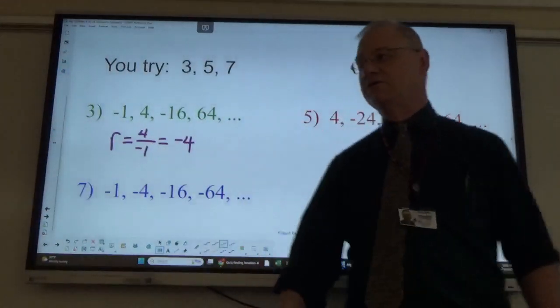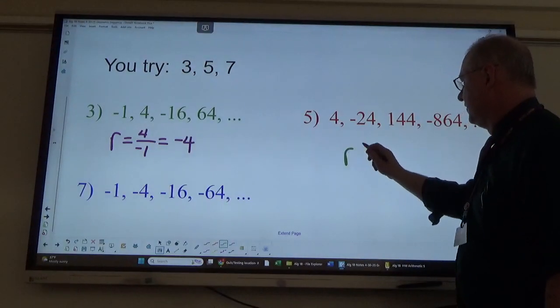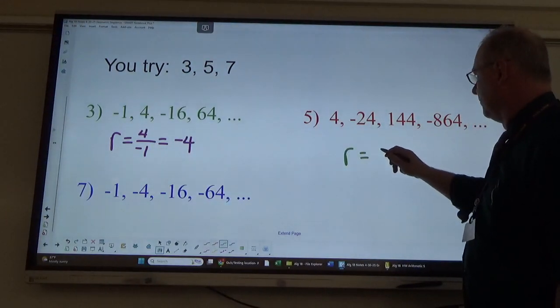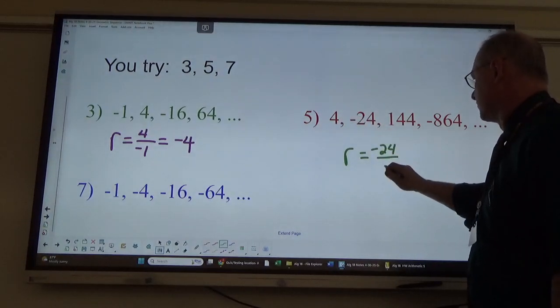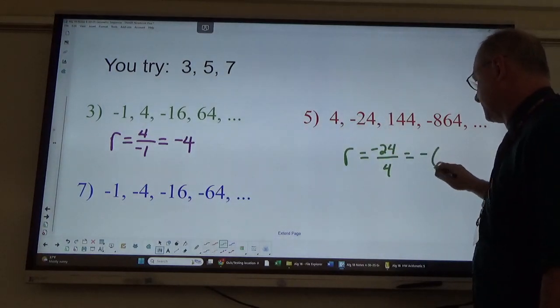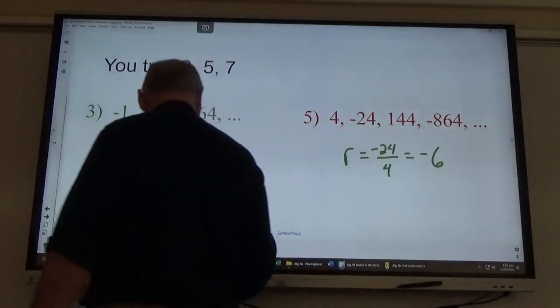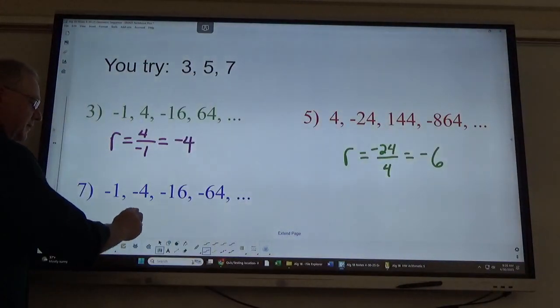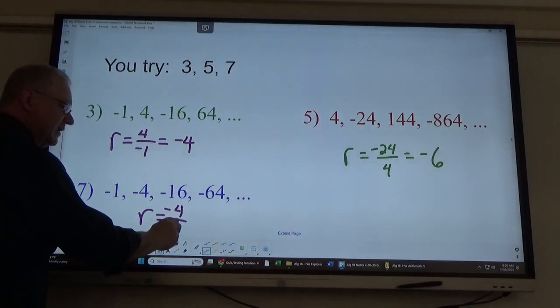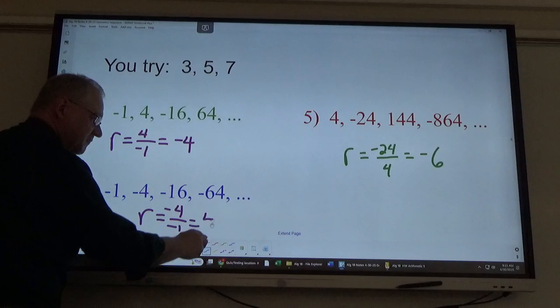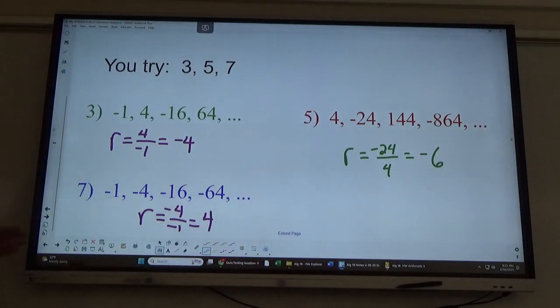R here is the second term, -24, divided by the first term, 4, -6. And finally, R here is -4 divided by -1, or 4. There you have the common ratios.